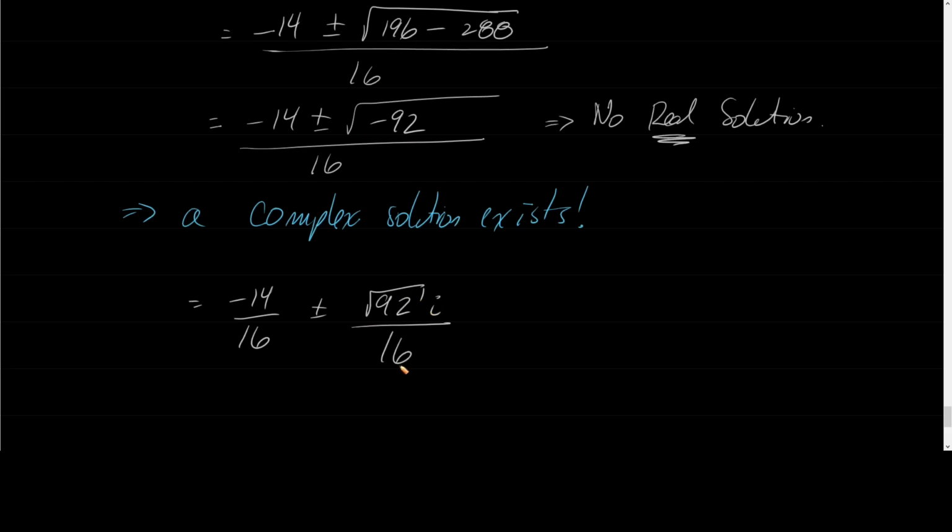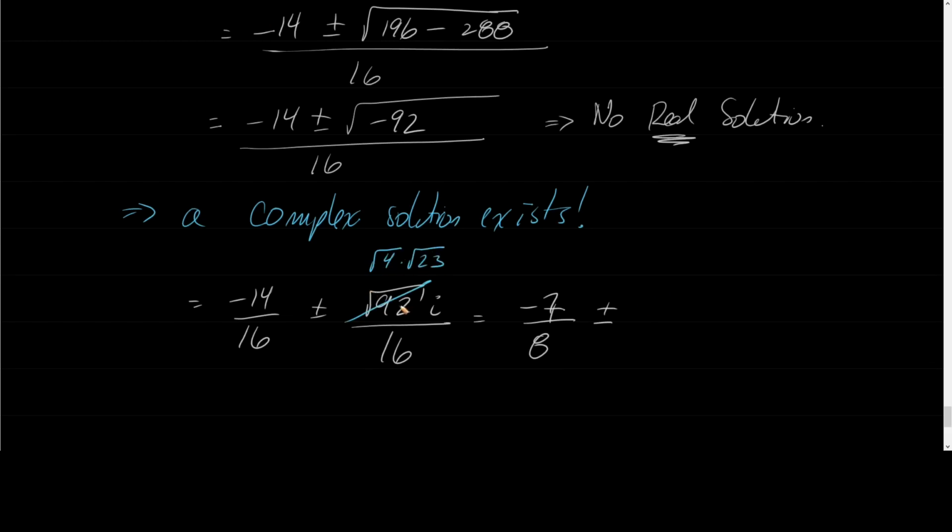At that point, well, now we just need to simplify this, right? 14 and 16, they're both divisible by 2. So I end up with negative 7 over 8, right? And plus or minus 92. 92 happens to be 4 times 23. So we have the square root of 4 times the square root of 23.